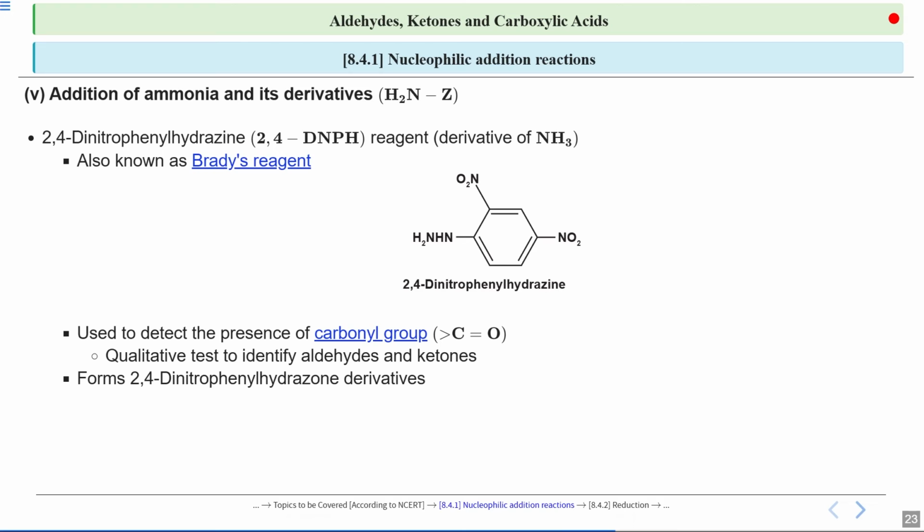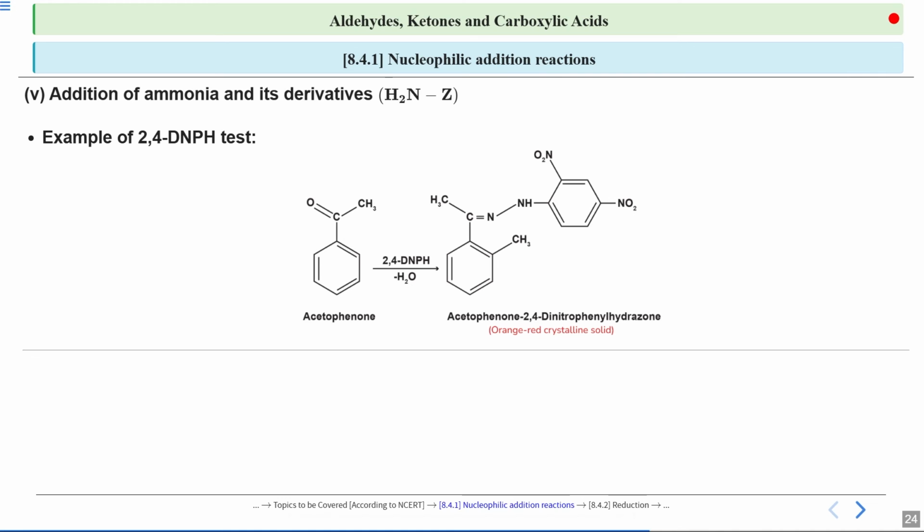These derivatives are solid compounds that precipitate out of the solution. A brightly colored precipitate is formed, ranging from yellow to orange or red, which makes it easier to observe.